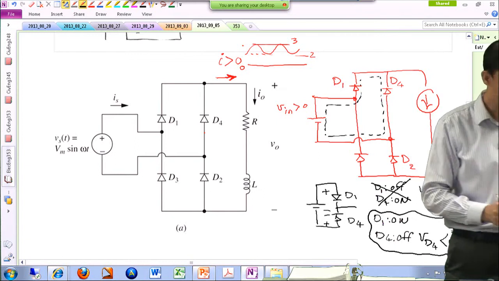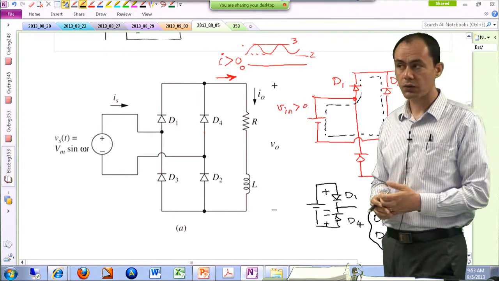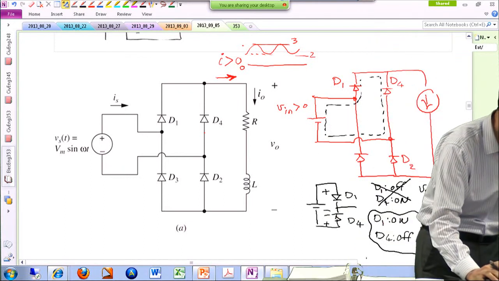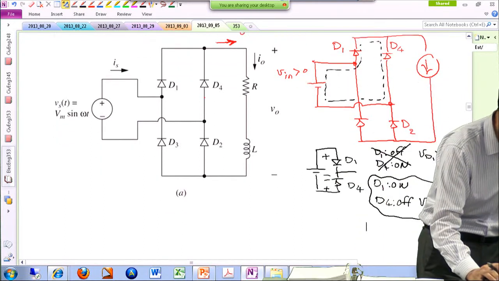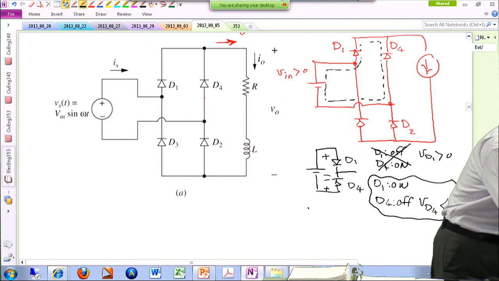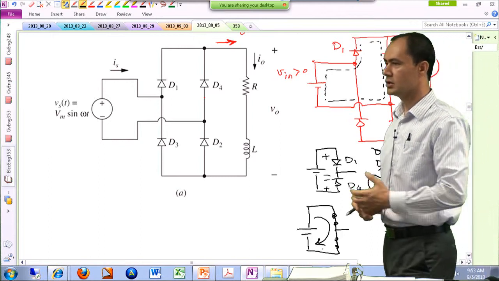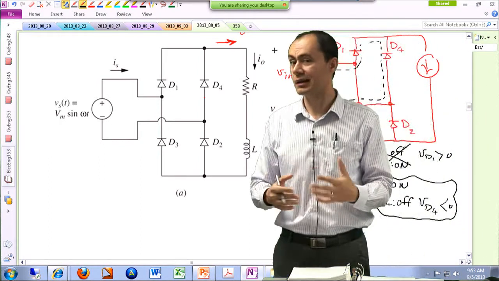Okay. Then you can argue, what if they are both on? That doesn't make sense, because if you have both of them on, you're basically shorting your input voltage. You're kind of violating KVL. So you have basically a short circuit here. And because these are diodes, the input voltage source is not going to allow this to happen.